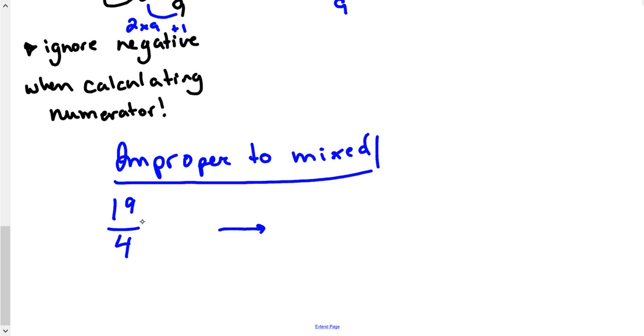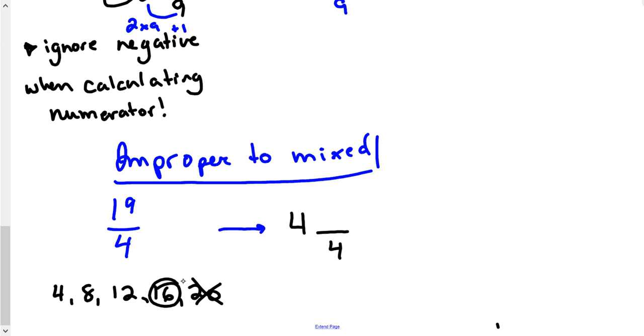So what is 19 divided by 4? What is the first value that fits into 19? So we go 4, 8, 12, 16, 20. So this is too big. 16 works. So that is 1 4, 2 4s, 3 4s, 4 4s.